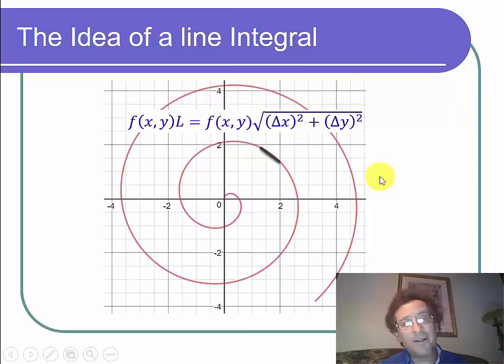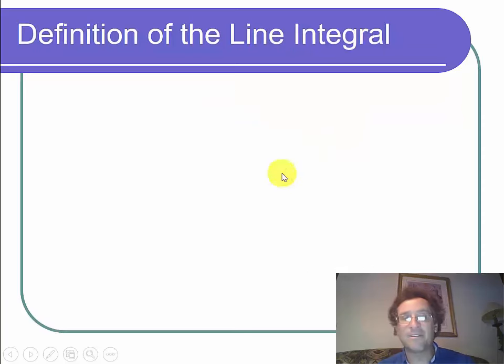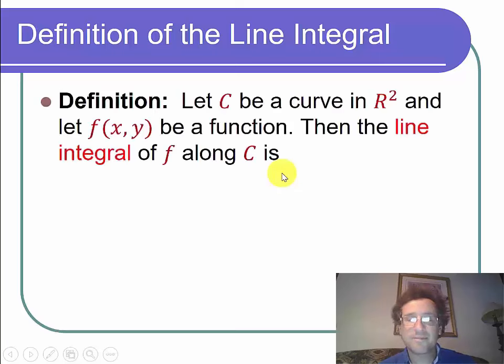Now we've seen before that taking one little piece is not enough. We need to look at all the little pieces and add them up. And that is the motivation behind the definition of a line integral, which says the following. Let C be a curve in R2, and let f of x, y be a function.